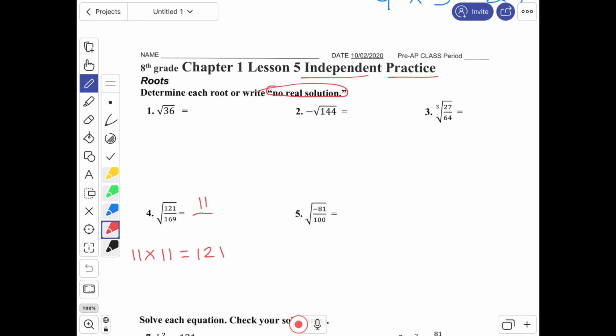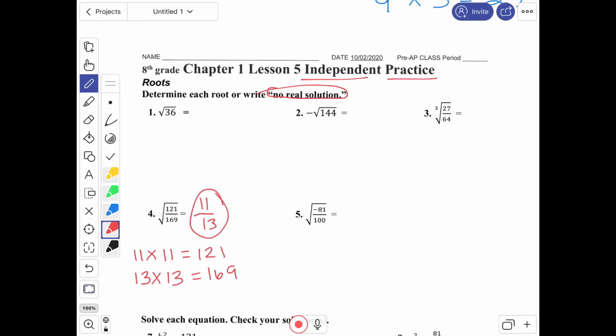So 11 is the square root. And what times itself equals 169? 13. So the square root of 121 over 169 is 11/13. Number 3 is a cube root.